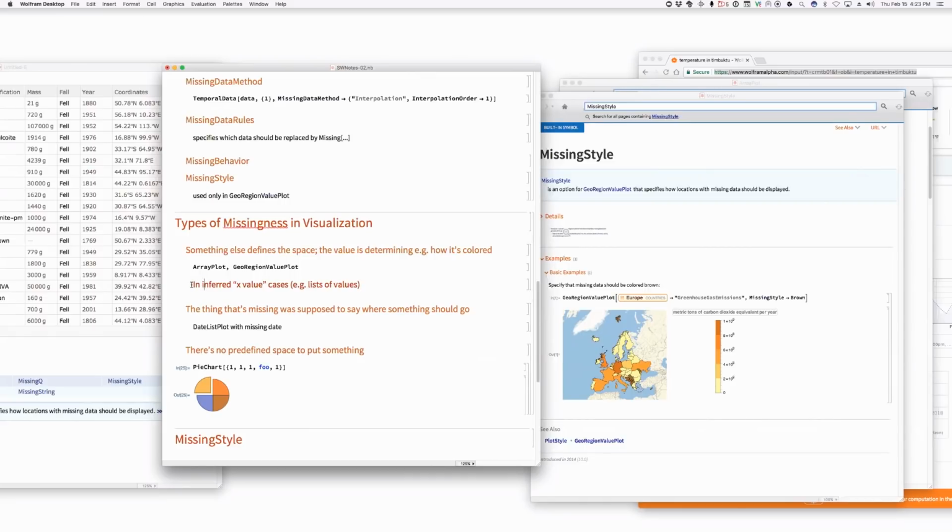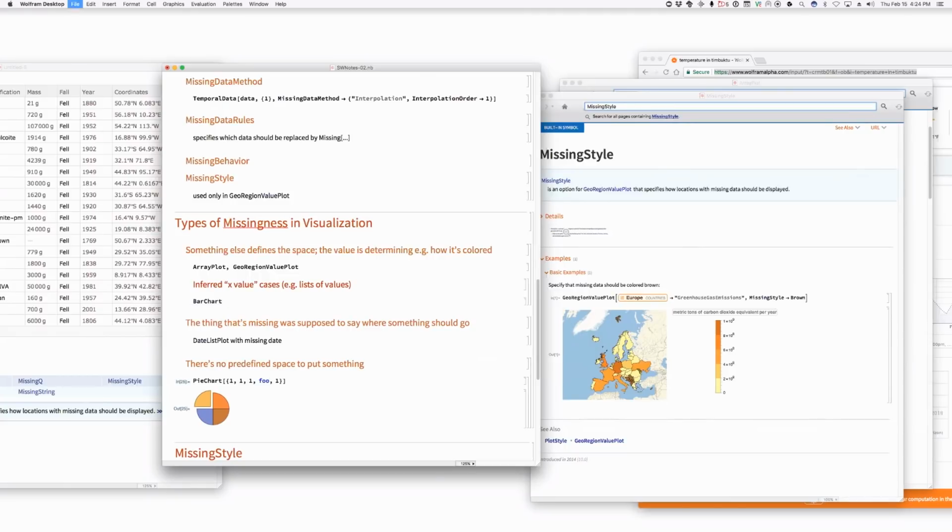So that is the case of bar chart, an inferred X value. Well, my point is, in the case of array plot, we know exactly how big that square is that it would go into. Sure. In the case of bar chart, we know how wide it is, but we have no knowledge about the height. So we have sort of half the space dimension. I see what you're saying.